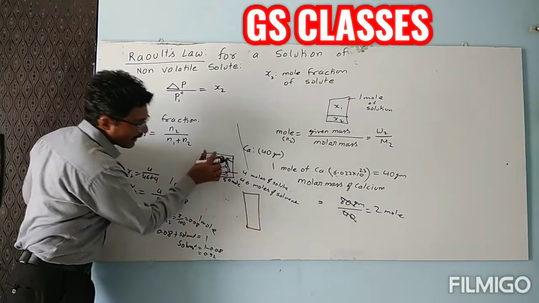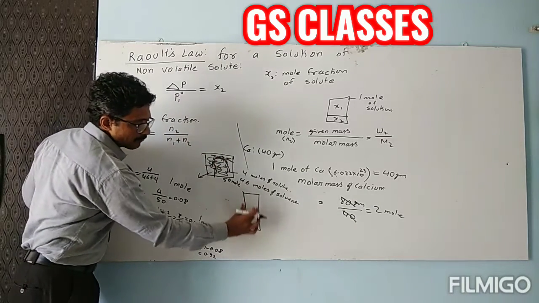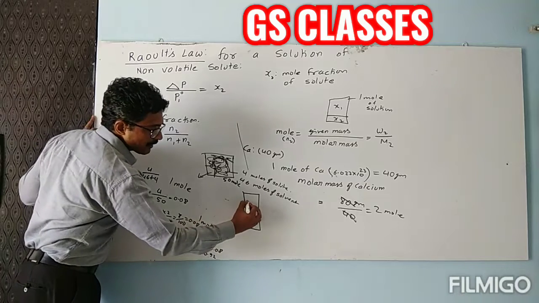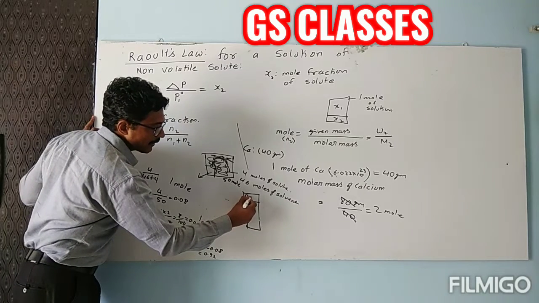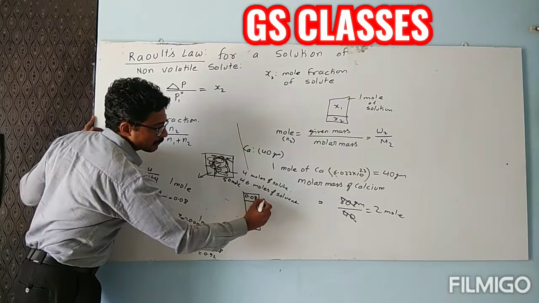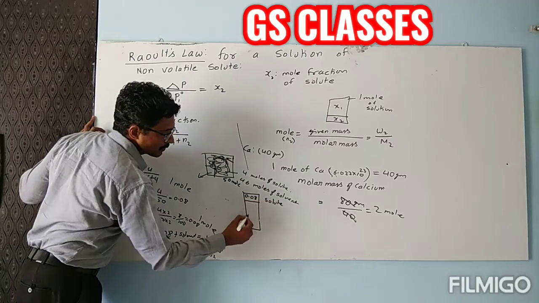if you take from any side, now it is mixed, you take 1 mole. So every 1 mole will have 0.08 part of the solute.